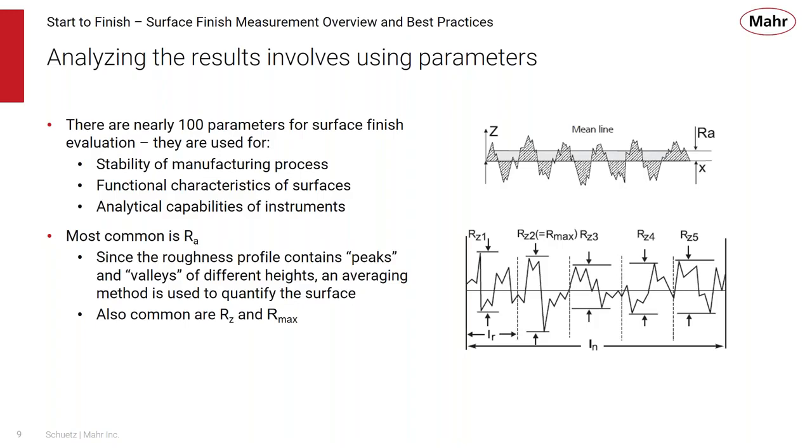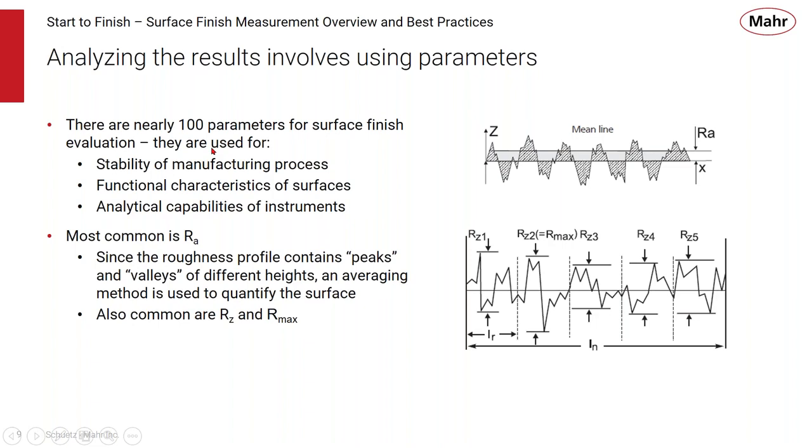Now, there are lots of ways to measure roughness, and there are nearly 100 different parameters for surface finish evaluation. They can be used for some very basic information about the surface, but by using different parameters, we can talk about the stability of the manufacturing process, the functional characteristics of the surface, and we can also talk about the analytical capabilities of instruments to help understand what that surface can do for us.